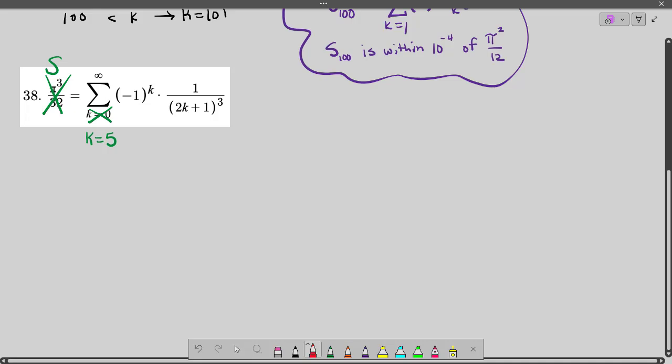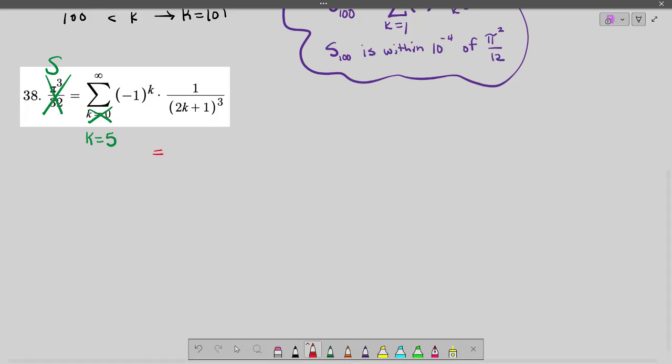So first, let's write out the terms generically. Our first term is going to be, when we plug in our first index value, that's 5. So that's an a sub 5. And would I have a minus or a plus in front of that? A minus, because we're going to have an odd power on the switch. An odd power on the switch gives us a negative.